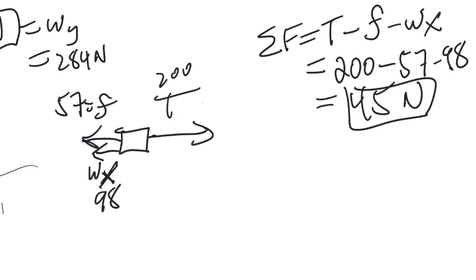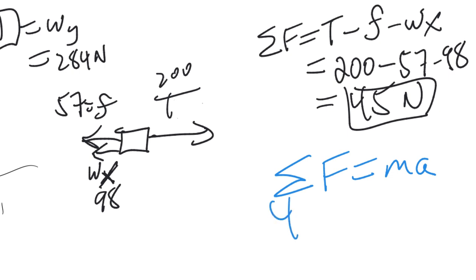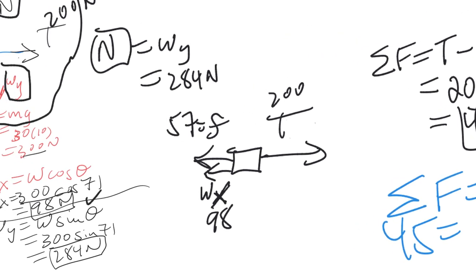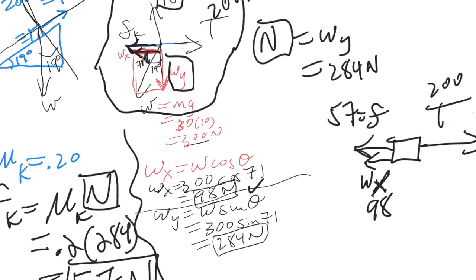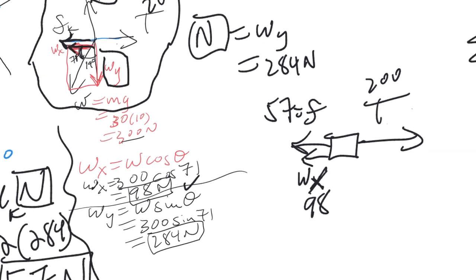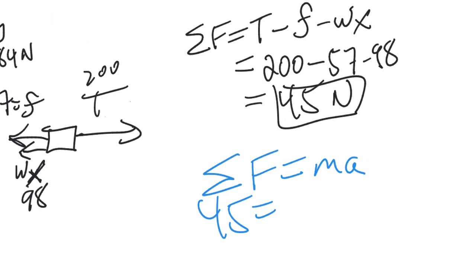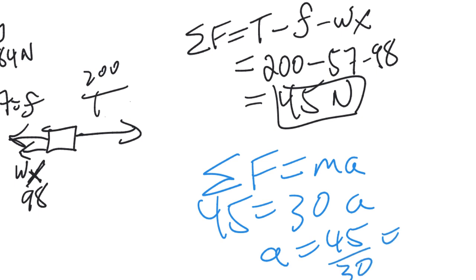Now to calculate the acceleration, I'm just going to use Newton's second law of motion. Net force equals ma, so 45 equals the mass, 30 kilograms, times the acceleration. So the acceleration is 45 divided by 30.